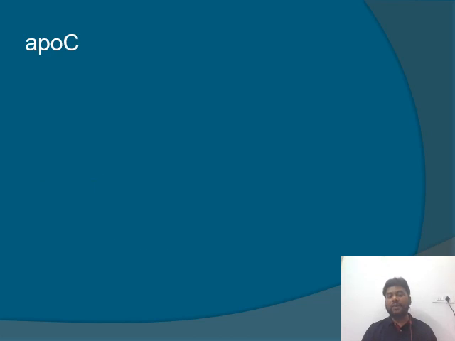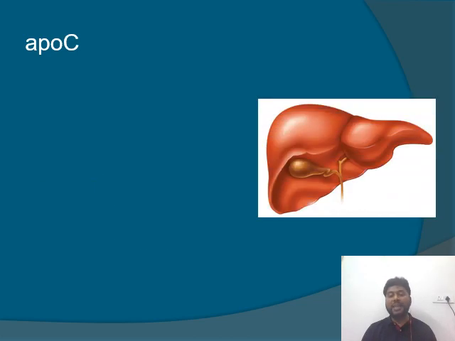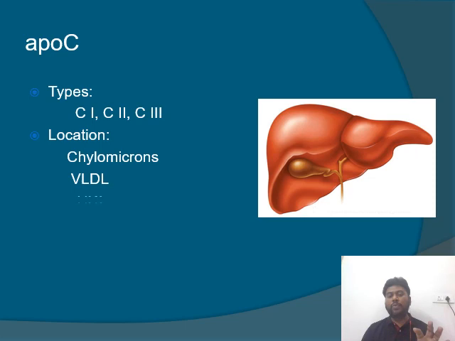Next, coming to the third type, ApoC. This ApoC is produced mainly in the liver cells, usually along with the HDL molecule. From this HDL molecule, it will be transported to chylomicrons and VLDL.